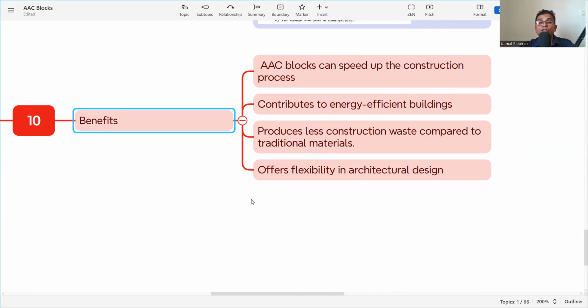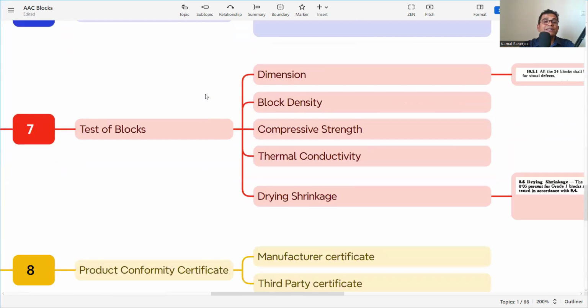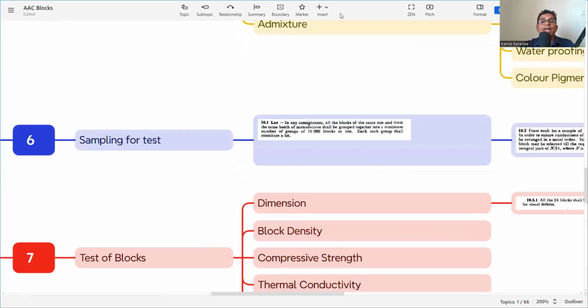It contributes to energy efficient buildings. As I already discussed, it has a heat resistance property, so it gives an energy efficient building. It produces less construction waste compared to traditional material because it has a regular shape and size. It offers flexibility in architectural design, and the overall load of the structure is minimized because it has a lower density. So these are the things about AAC blocks.